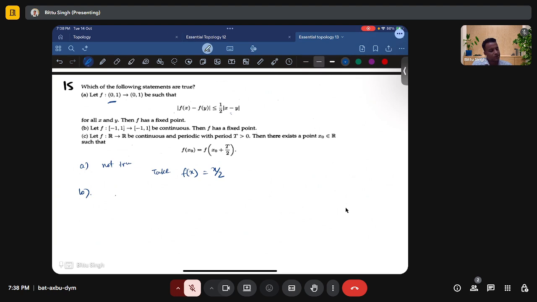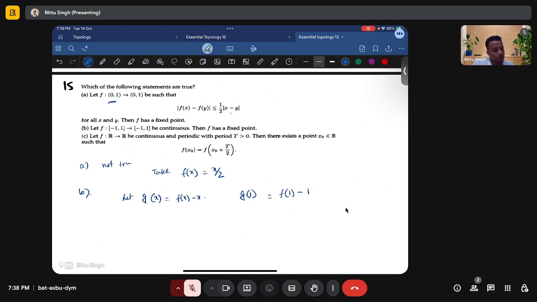For the next question, it says f has a fixed point. For B, we can construct a function and use the intermediate value property. So let g(x) equal f(x) minus x. Then we note that g(1) is the same as f(1) minus 1.